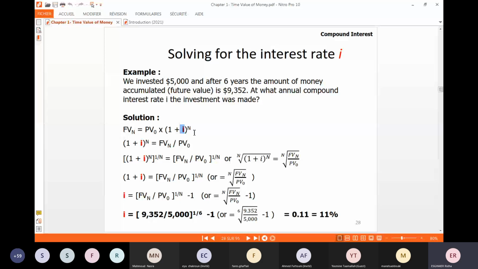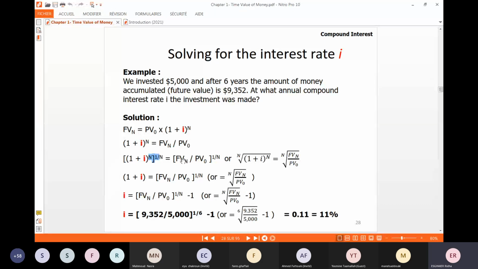We put both sides of the equality to the power 1 over n, and power n then power 1 over n will give you power 1, or we can use the nth root. You will have the same thing. For example, if we take this power n and this power 1 over n, we can eliminate this n, it will be power 1.